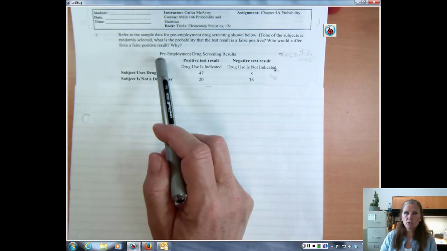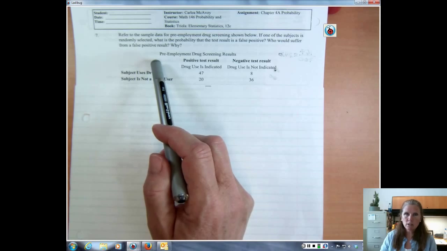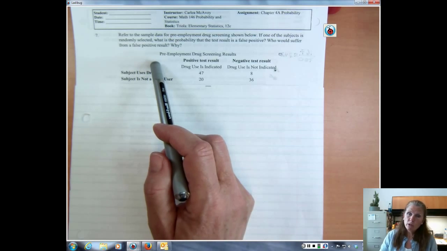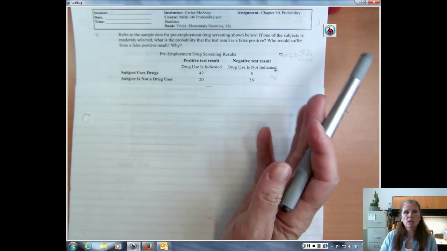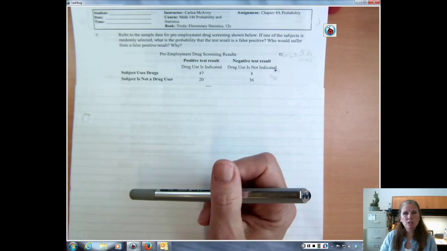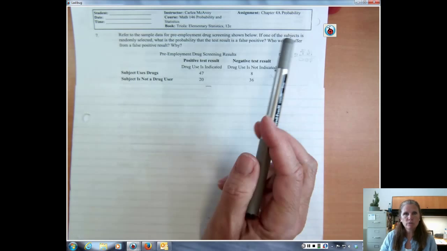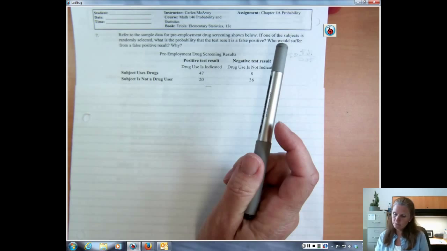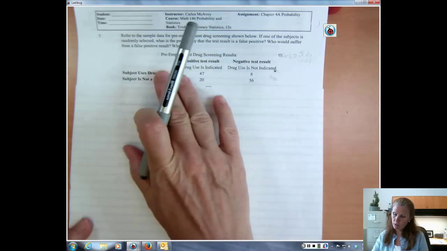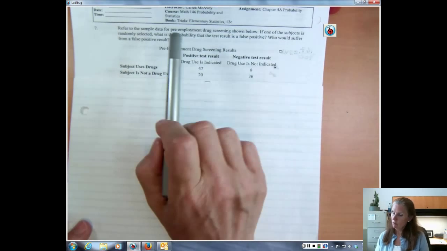Well, if you're the person trying to get the job and you're told you showed positive for drugs, that's going to make you suffer, right? Not the employer. Maybe the employer, they missed out on you, which might have been their loss, but really the loss is going to be you. So these drug tests that have potential to be false, that's bad for people that are getting those false positives. Okay, that's the second part of that.